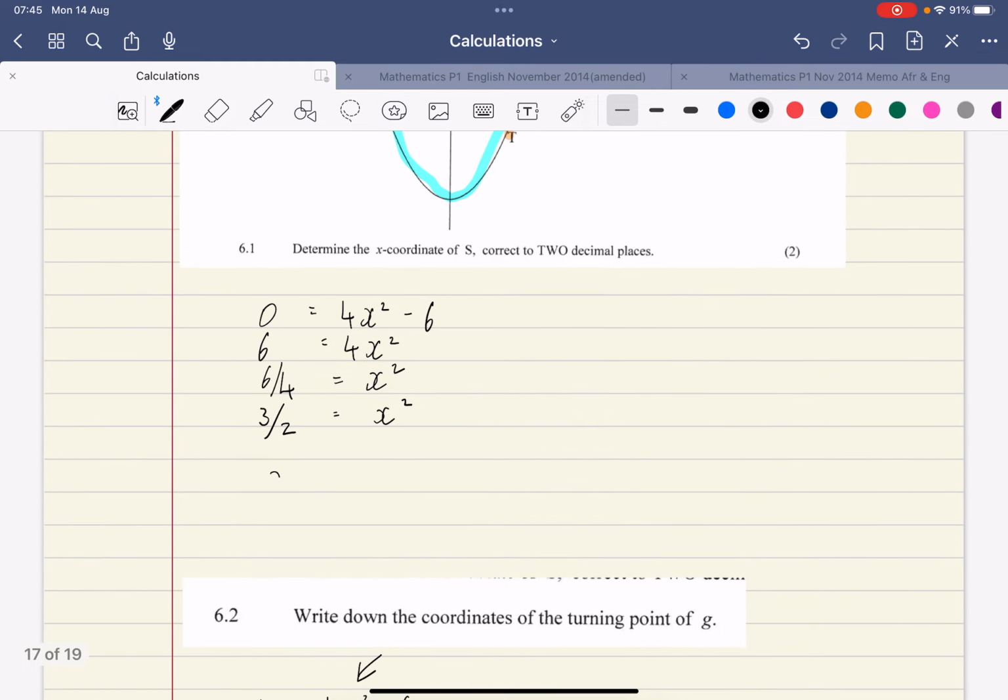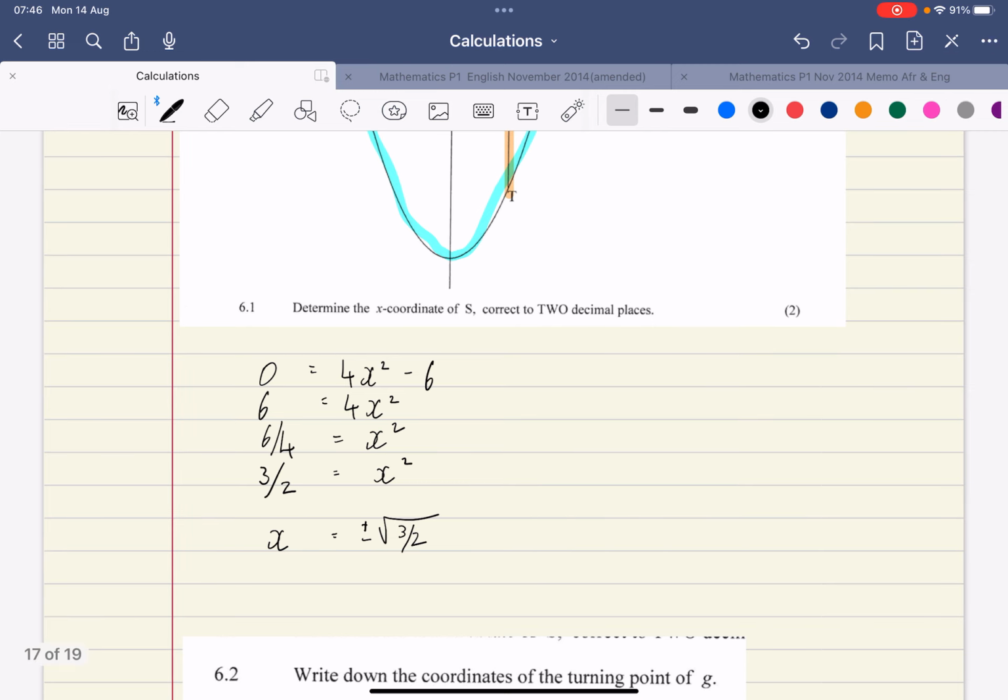Take our root to the other side. And we must remember it will be plus minus because the square of any variable will always be positive. So x could have been negative or positive. So when solving for x, we write plus minus.